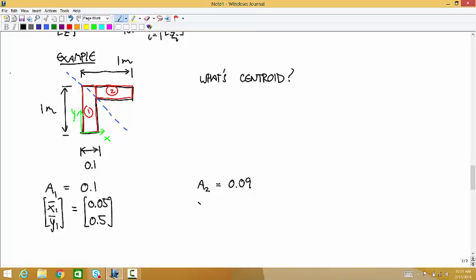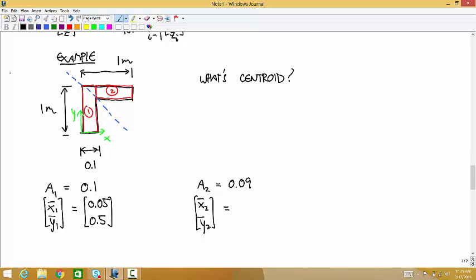And then x2, y2, so what's the centroid of that? The whole thing is 0.9, so it's 0.45 meters from its left end, but that's also 0.1 from where the origin is horizontally, right?